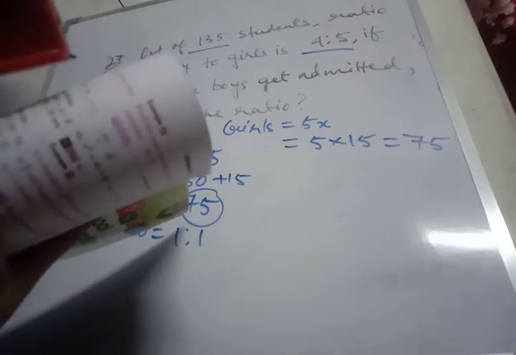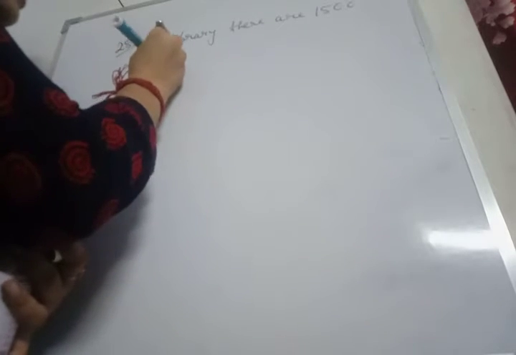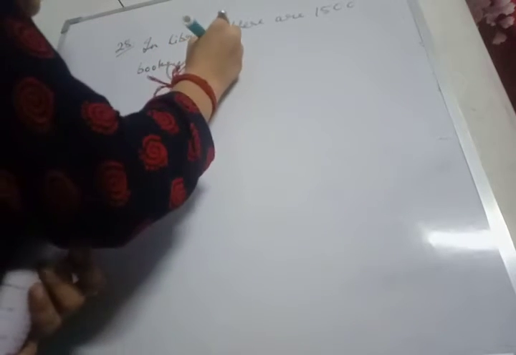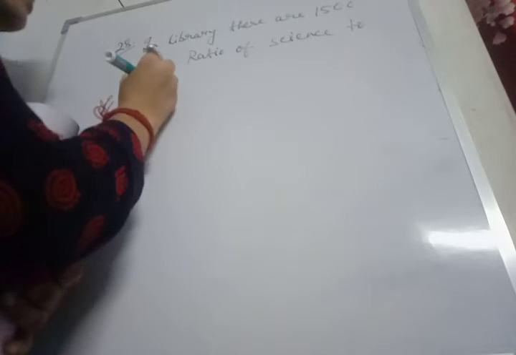Next sum is sum number 28. In a library, there are 1500 books.